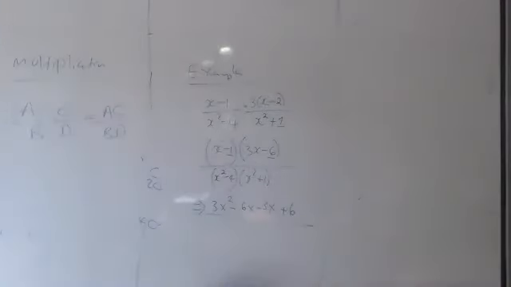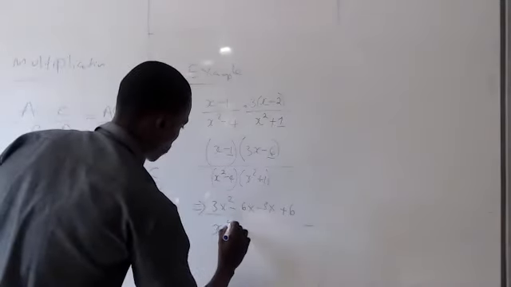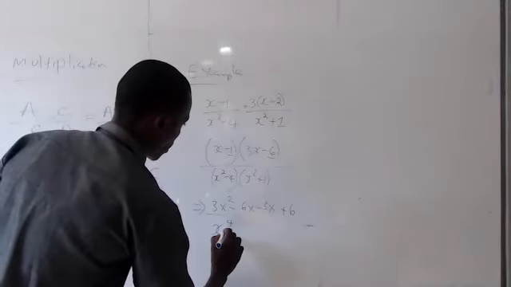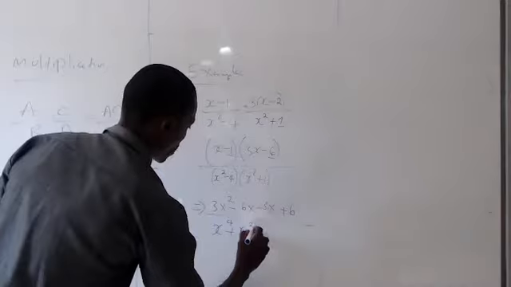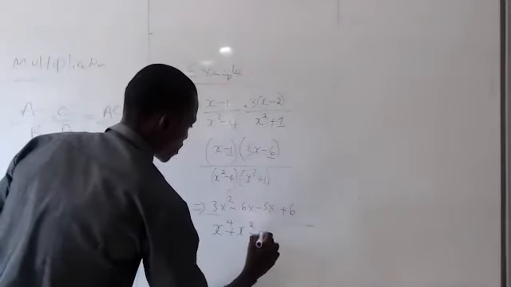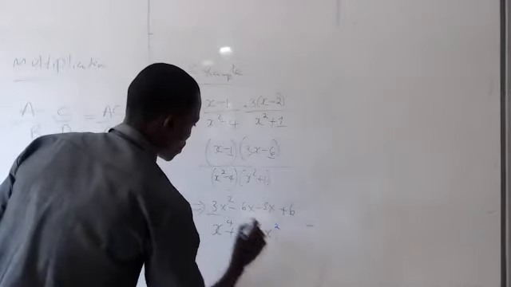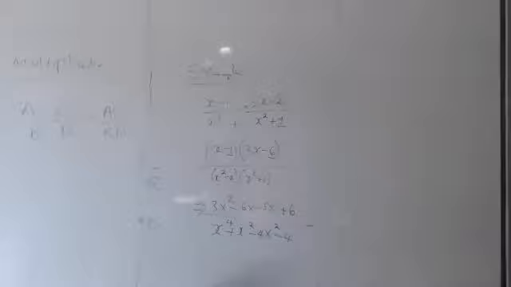Then divide by. So x squared times x squared is x to the 4. Then x squared times 1 is x squared. Then we take -4 and multiply all these terms. So -4 x squared, and then lastly -4. Okay, then collect like terms.